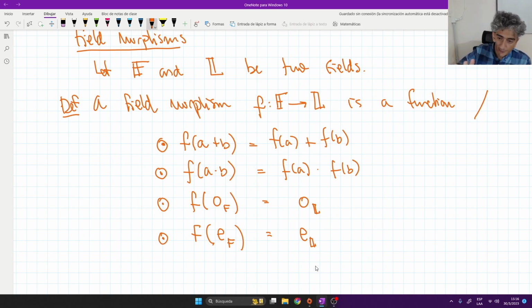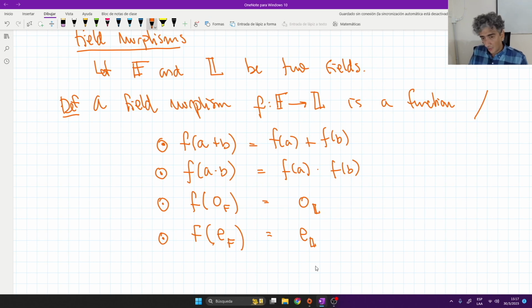There are functions that transform elements of one field into elements of a different field. It's not difficult to show that whenever we have this sort of function, this is an injective function.